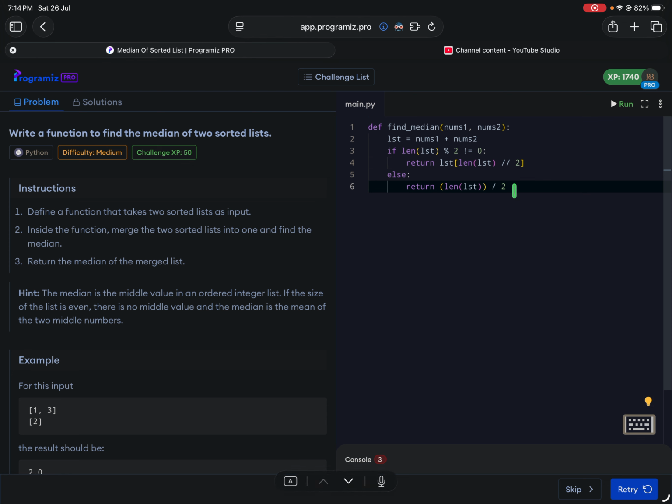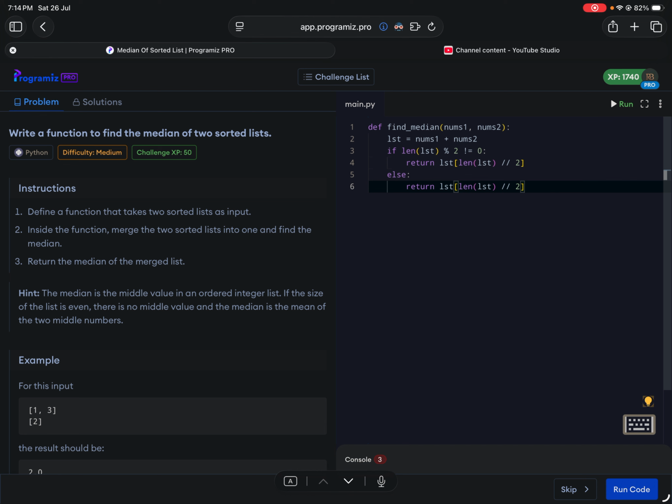So floor division will give us what? The first number is basically 2.